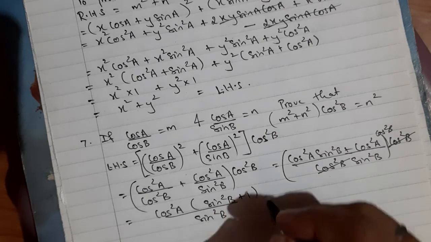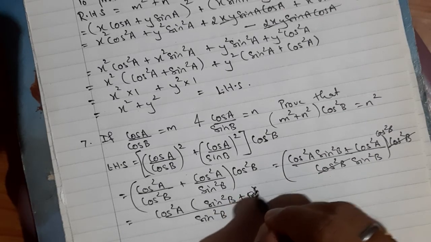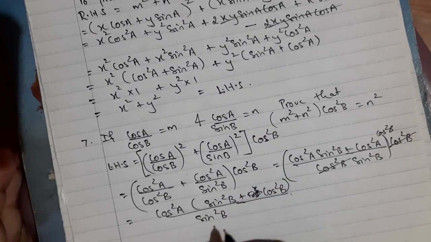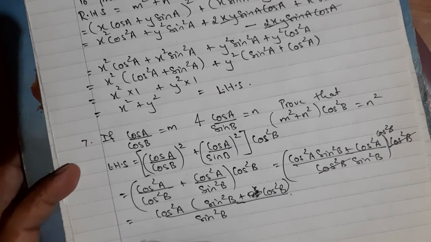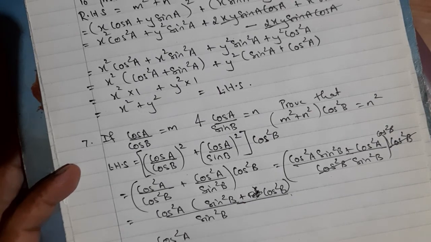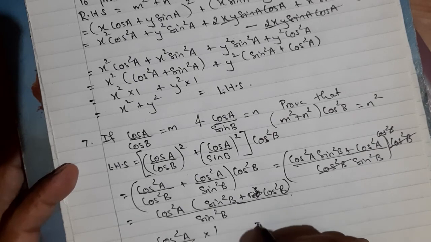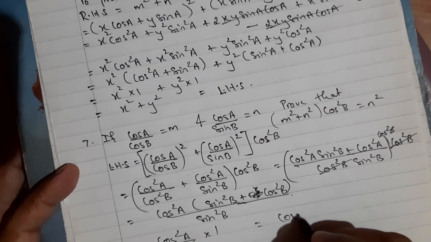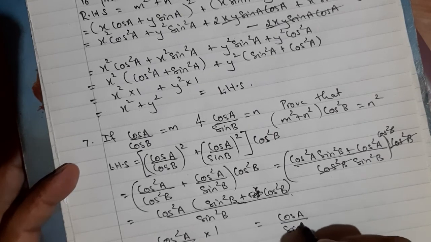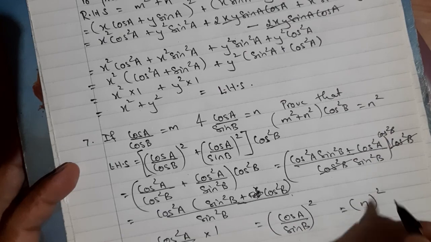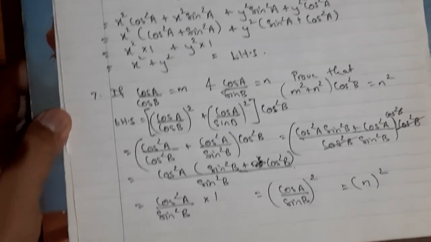Sin square b, and from here we have cos square b upon sin square b, which can be written as cos square a upon sin square b times (sin square b plus cos square b), which is equal to 1. Now cos a upon sin b the whole square is nothing but n the whole square. Hence proved.